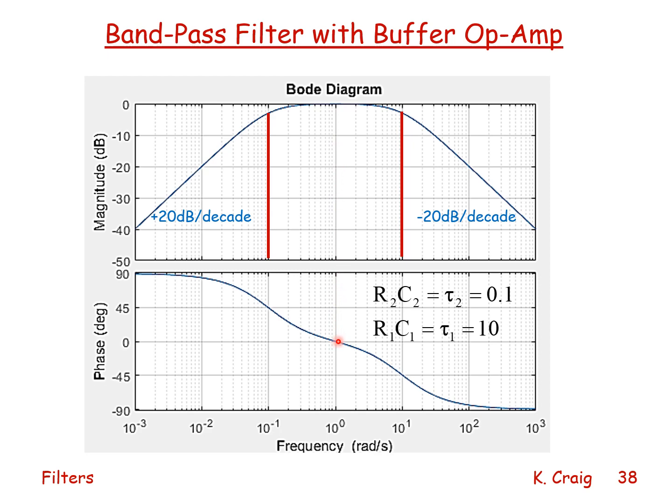And that is my geometric mean of 0.1 and 10. And that is my resonant frequency for this bandpass filter. And you see the slopes, minus 20 dB per decade, plus 20 dB per decade, plus 90 degrees, minus 90 degrees.